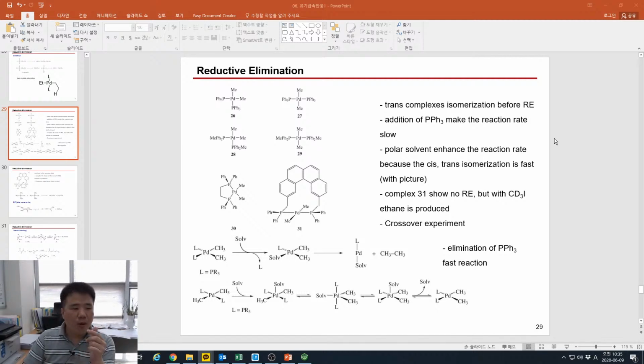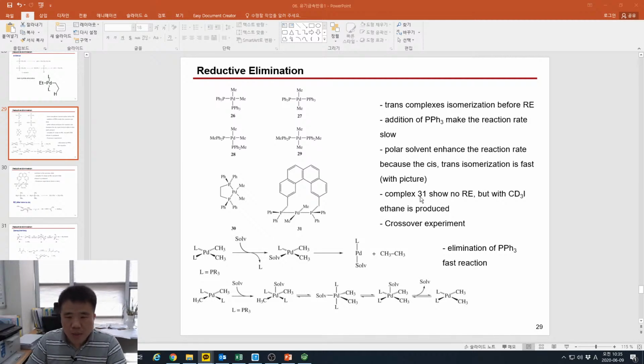So to make reductive elimination, the ligands should be in cis position. Okay, so in this case, reductive elimination can be done, but in this case, it cannot. In this case, it is possible, it's not possible. Like this.